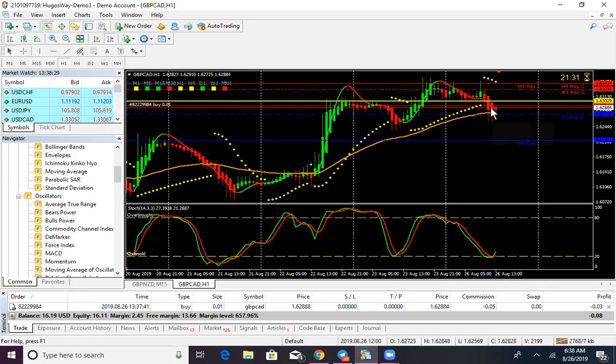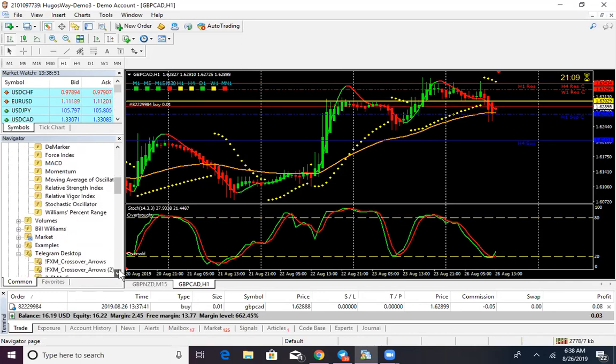A pullback is just, it got a little bit exhausted. It was moving too fast. It needed a break to breathe. That is a pullback. So if it's selling, it will pull back to test the zone that it just broke and continue selling. I'm not saying that's what it's going to do. I'm explaining what a pullback is.